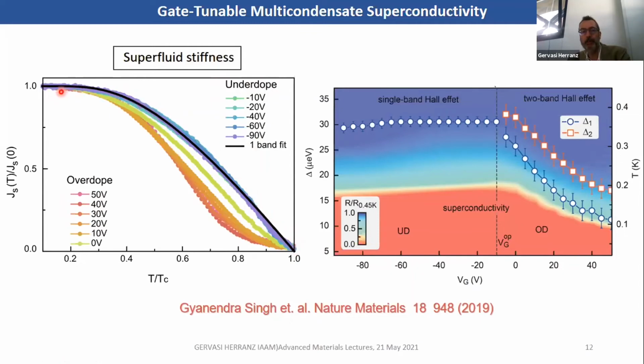But when we go to the overdoped region, so when we change the electrogating, putting more and more electrons in the quantum well, it departs from the single band theory, and we have to fit with a two-band system. So basically we have two condensates, and that can be reached when you increase the gating into the overdoped region.